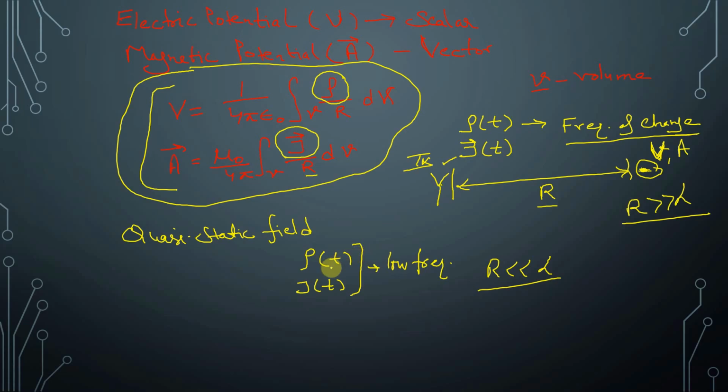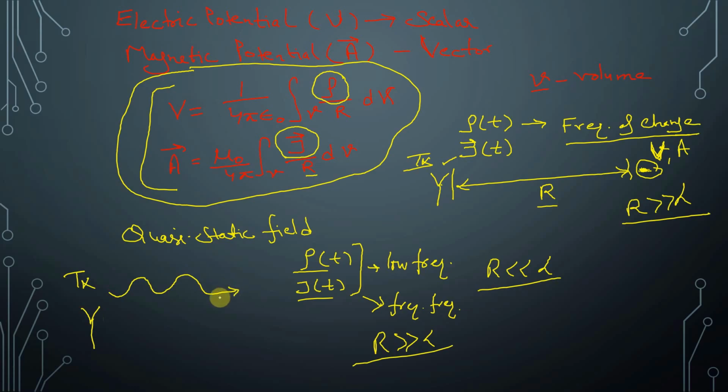But let us consider that the rate of change of rho and J with respect to time is very large. So the frequency of change is very large, and if this r is much greater than the wavelength lambda, then we cannot use these formulas. We have to consider the retarded effect, because if this is a transmitter transmitting a particular wave, although it travels with the speed of light, it will take some time to reach here.